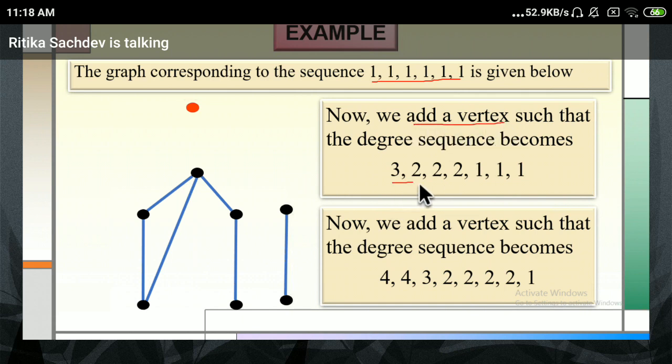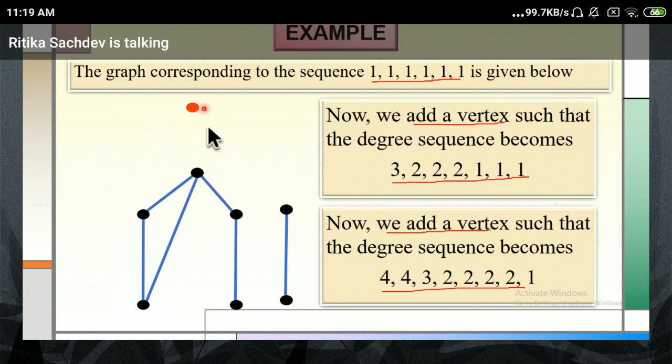We added one vertex, and now that is becoming 7 vertices with this degree. Now we are adding one more vertex. Check, there are 8 numbers over here: 1, 2, 3, 4, 5, 6, 7, 8. So check, these were 7 vertices and this is 8.